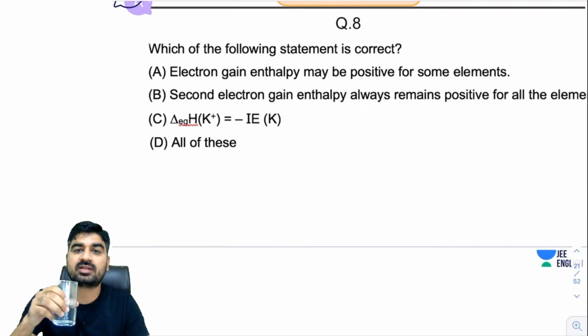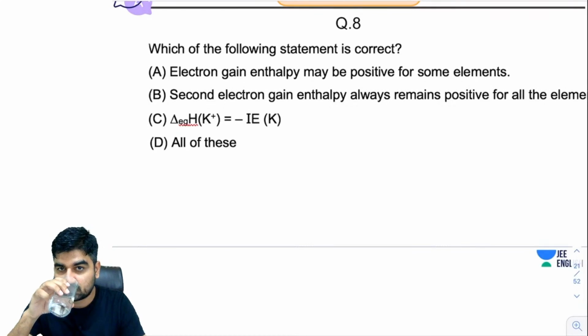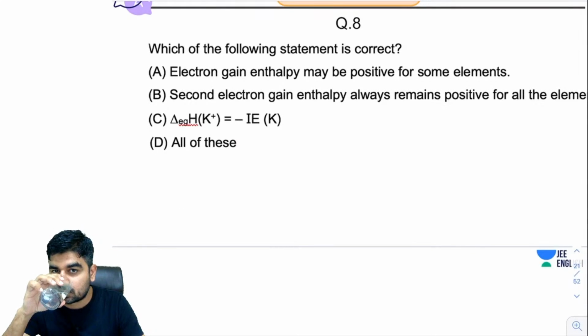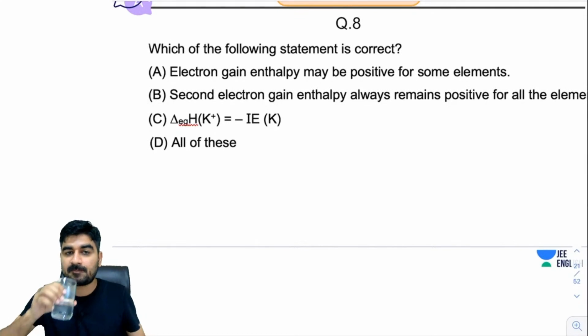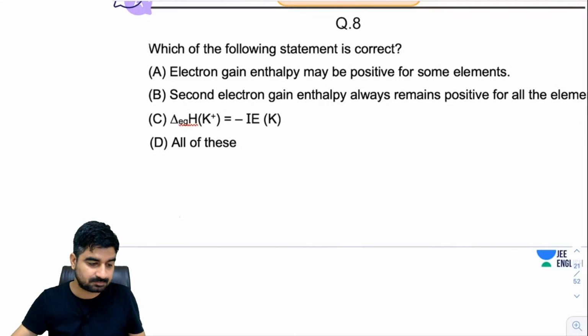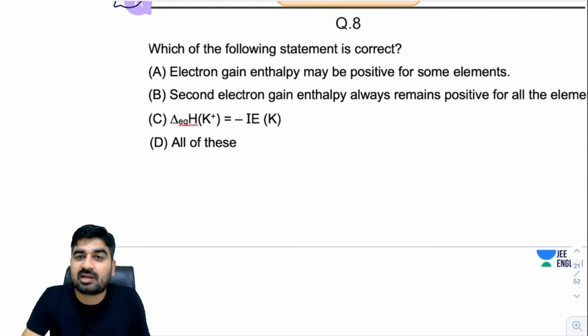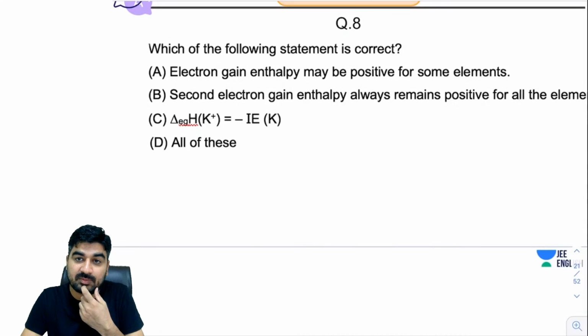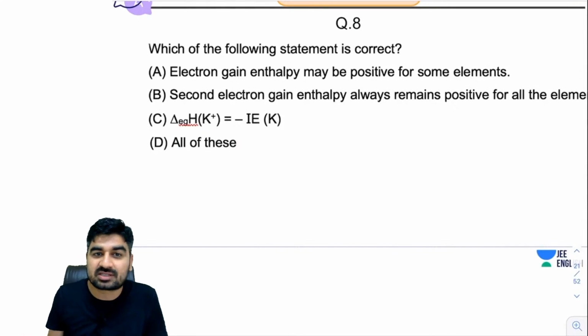Which of the following statements is correct? Electron gain enthalpy may be positive or negative. Yes, I told you yesterday. Now, second electron gain enthalpy will always be positive. I also told this thing.